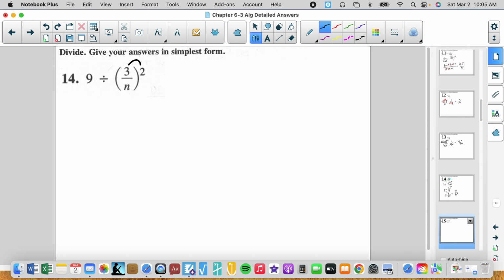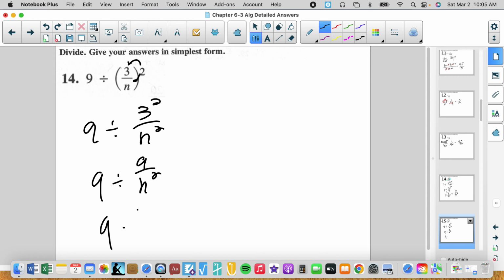We'll do that again. Distribute. 9 divided by 3 squared n squared. 9 divided by 9 over n squared. 9 times n squared over 9. That 9 in the numerator cancels with that 9 in the denominator.